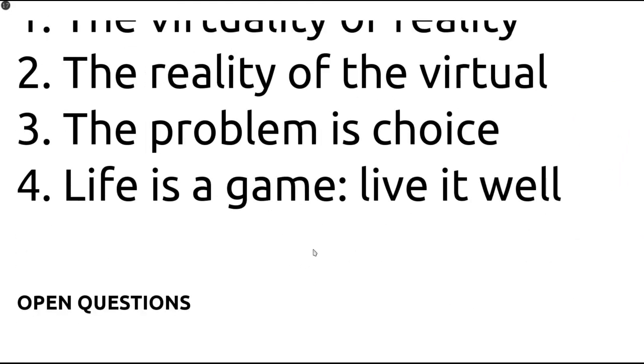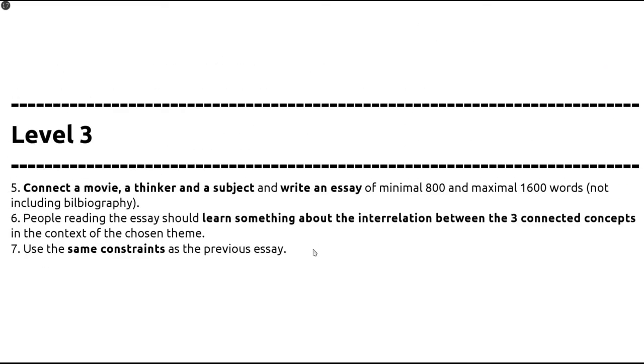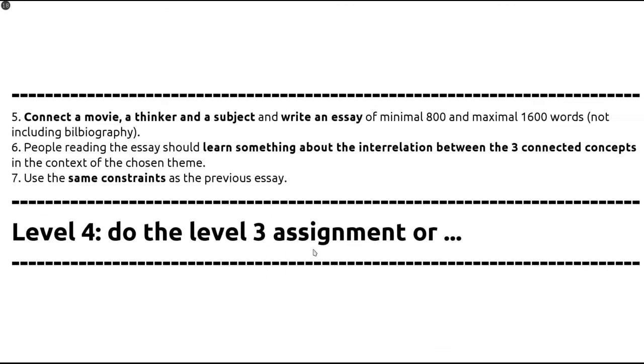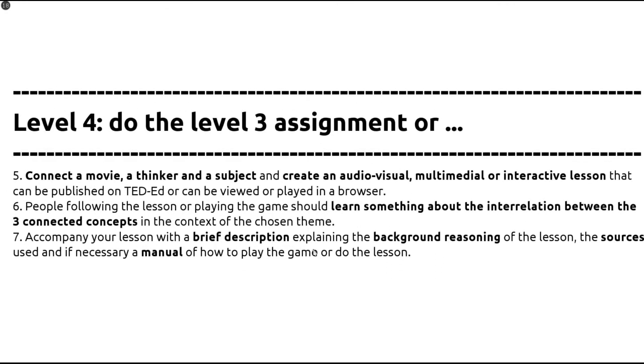For level 4 students, the same principles are valid. Level 4 students have a choice. They can also write an essay, like level 3 students, but I would prefer if they produce an interactive audio-visual piece. This could be a TED lesson, a YouTube video, or a basic game.